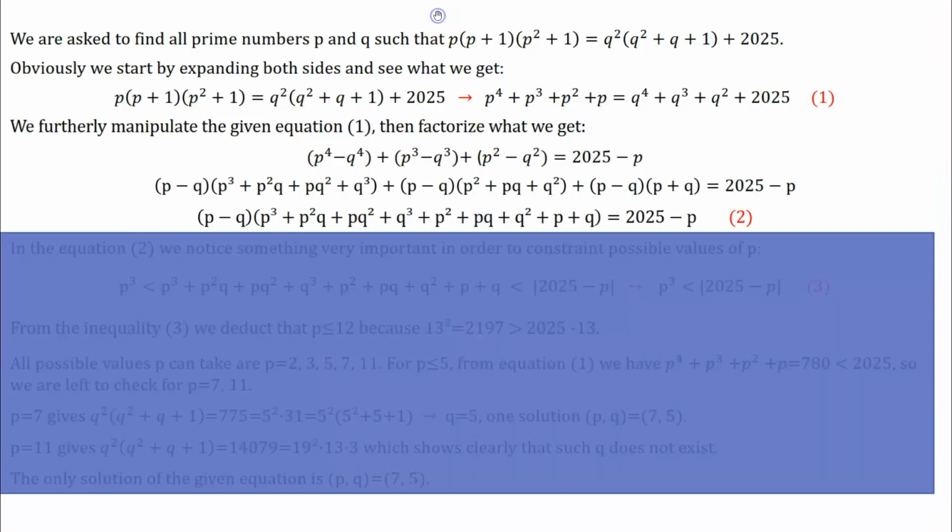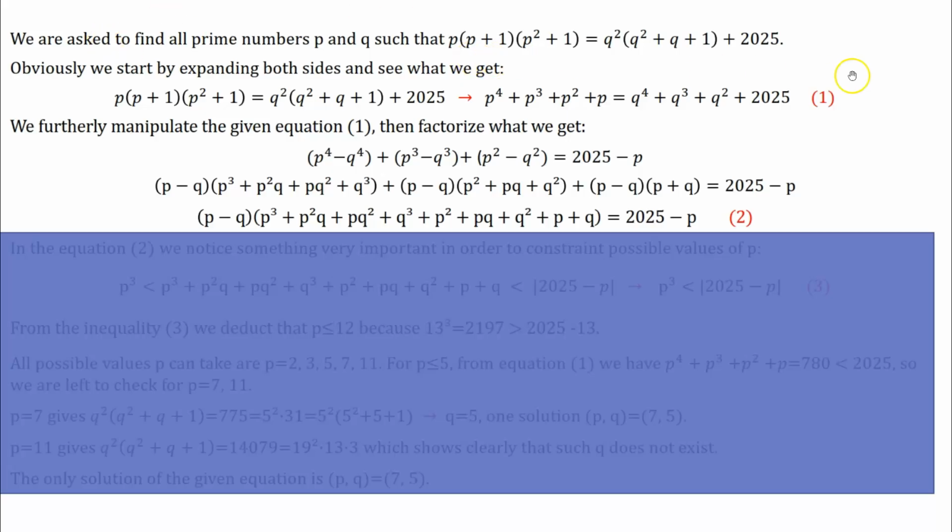So this is a little bit of heavy calculations, so please bear with me. We rewrite the condition of the problem: we are given two prime numbers, and we are trying to find these two prime numbers p and q such that they fulfill this given equation. Now, the first natural idea would be to expand both sides of the given equation.